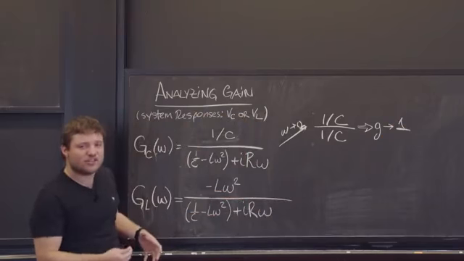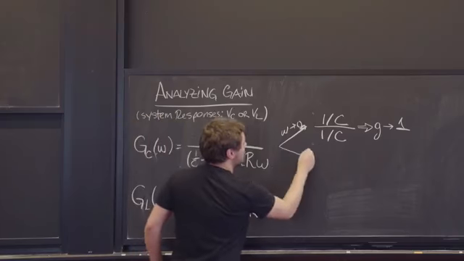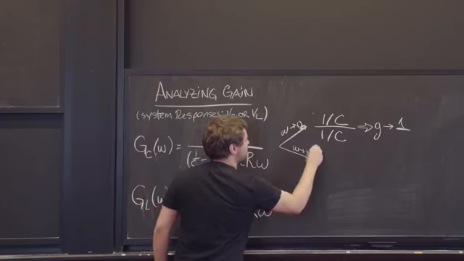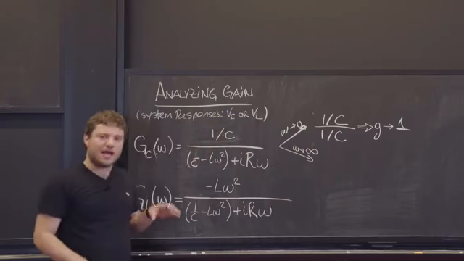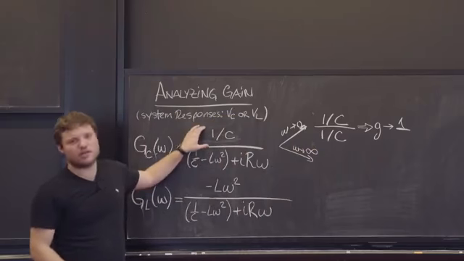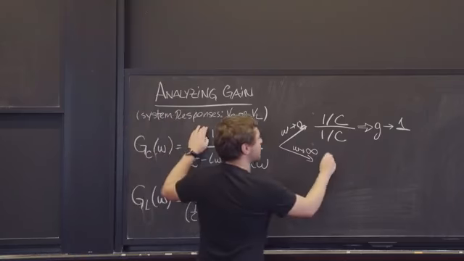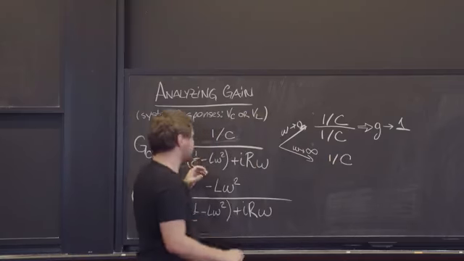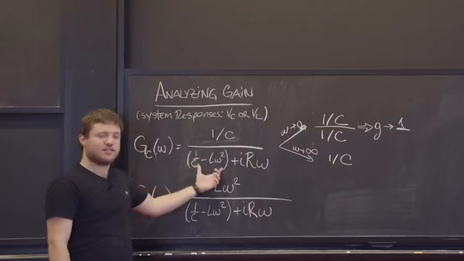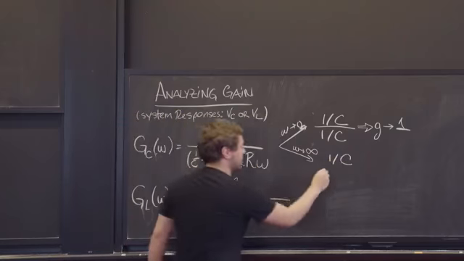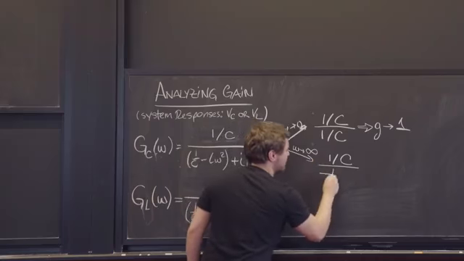Now what happens at the other extreme? What happens as omega goes to infinity? As omega goes to infinity, the numerator is again dominated by 1 over c, but the denominator is now dominated by the term negative L times omega squared.